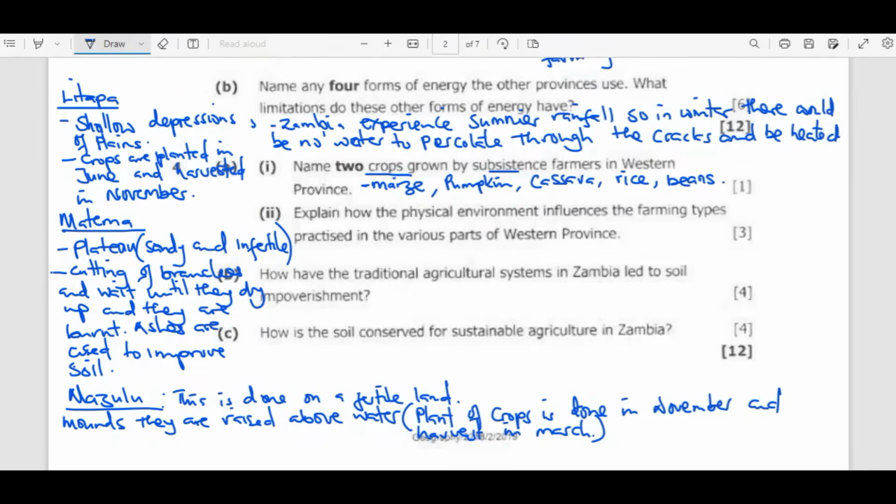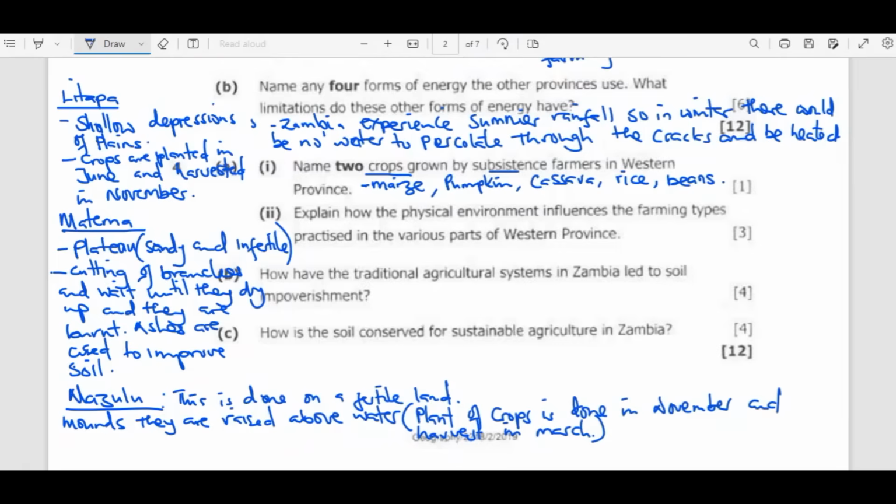Explain how the physical environment influences farming types practiced in various parts of Western Province. The other one: how has the traditional agriculture system in Zambia led to soil improvement?